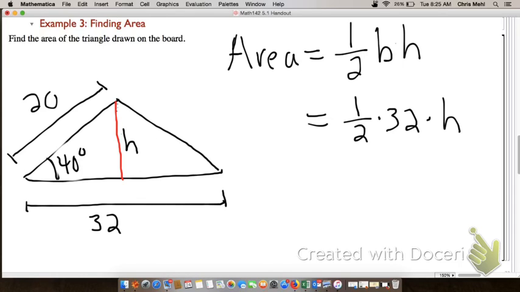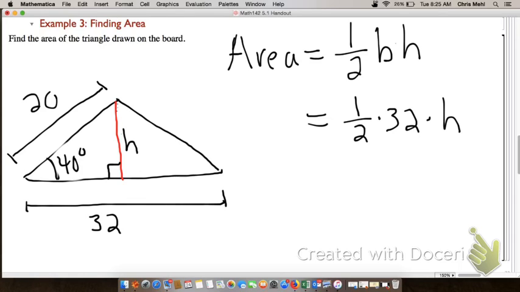Okay, now what we're going to do is realize that we have now created a right triangle where the angle in the bottom left is 40 degrees. We do not know the length of the adjacent side. The opposite side has length h. The hypotenuse has length 20. So we need to apply a trig function to this angle of 40 degrees, one that's going to relate the height, or the opposite side, to the hypotenuse.